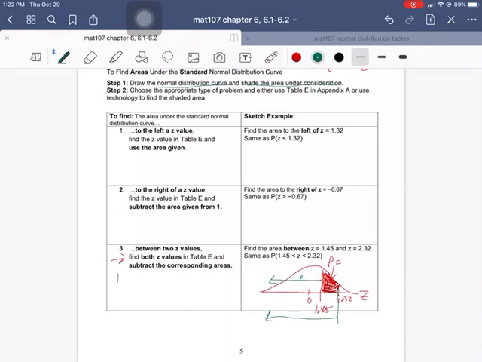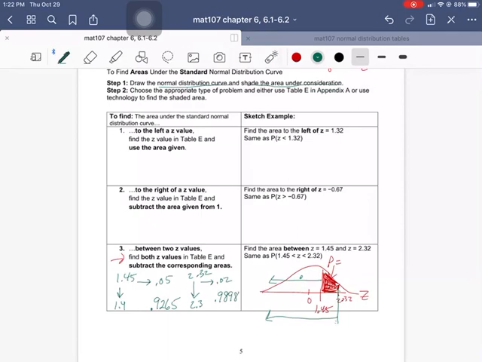So 1.45, I'm going to go on the positive table, I'm going to go down to 1.4 and then I'm going to go across to 0.05, and the number in the middle there is 0.9265, okay? And for 2.32, I'm going to go down to 2.3 and over to 0.02, and the number I'm going to get is 0.9898.